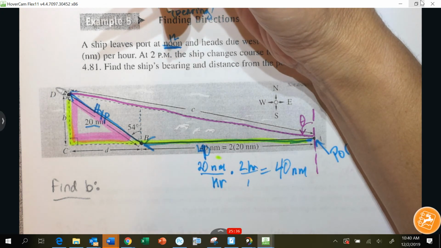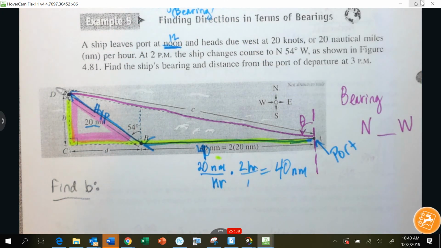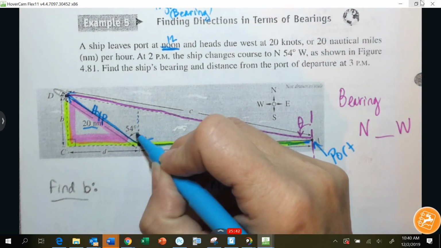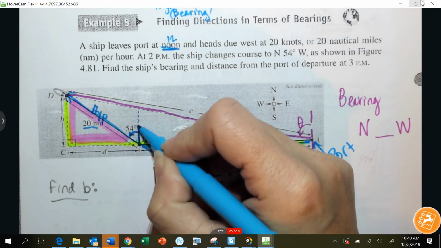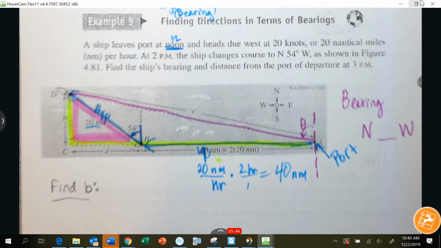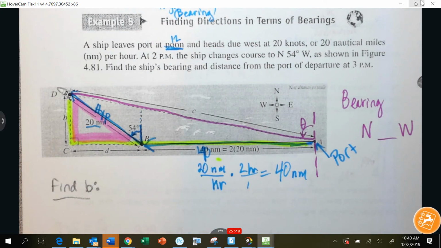What's 54? What angle? Well, 54 is here. Katie, which angle? CBD, yeah. Angle CBD.